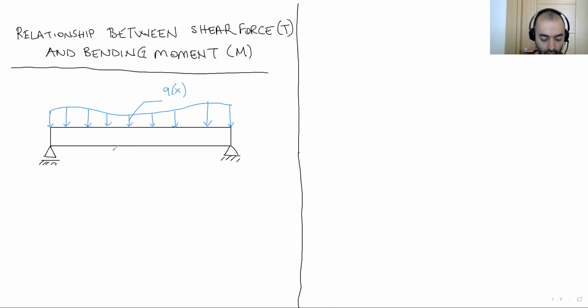Here, if we cut a piece from this beam and take it out, let me show you how. From this support, from a distance which is x, the length of this small member is dx. The total length of the beam is L.